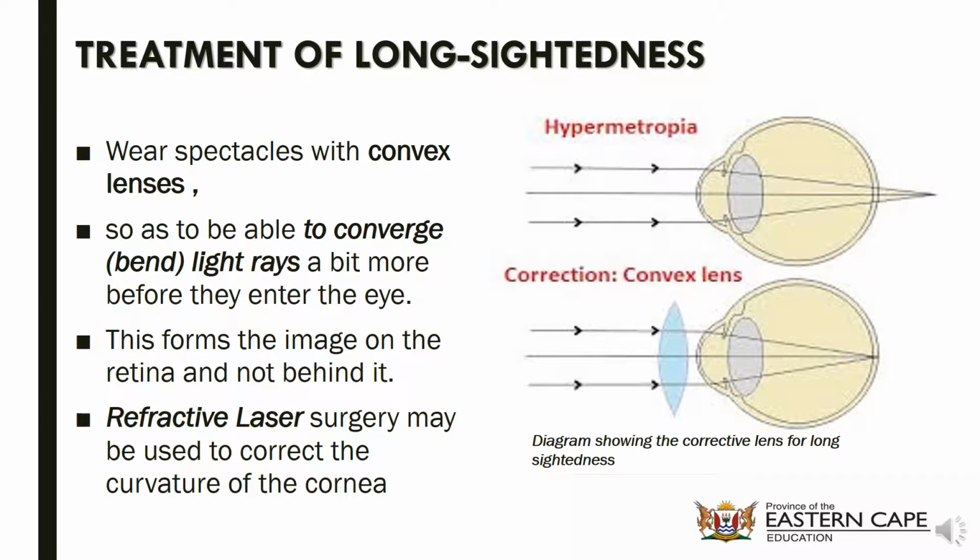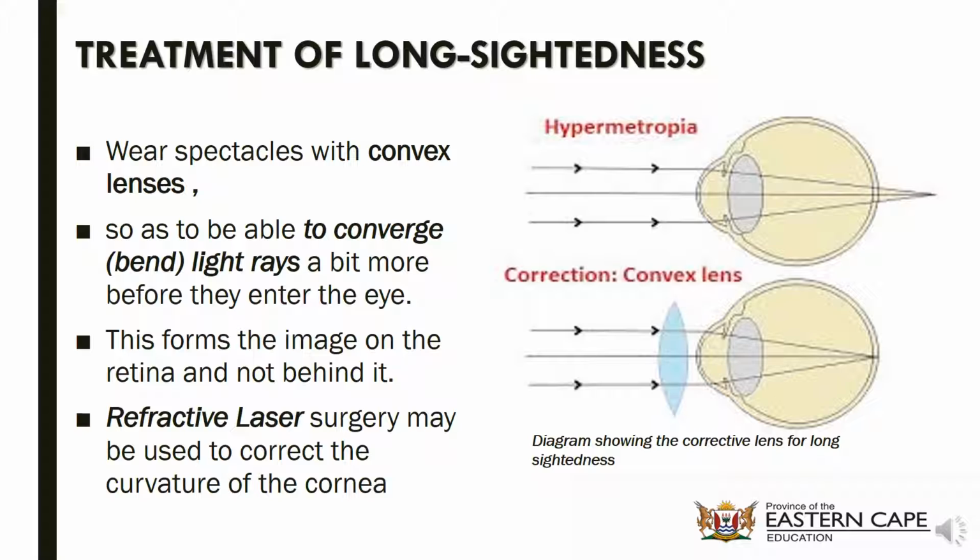How then are we going to treat long-sightedness? If you suffer from hypermetropia, you are going to wear spectacles that have got convex lenses. If you look at the diagram at the bottom, these are convex lenses, lenses that bulge out.